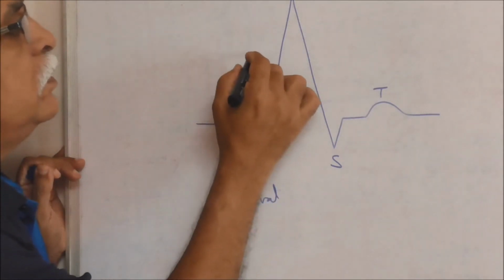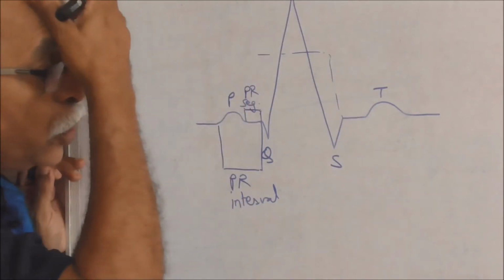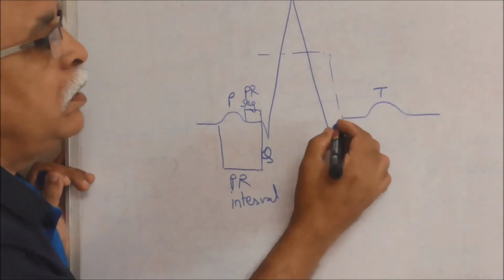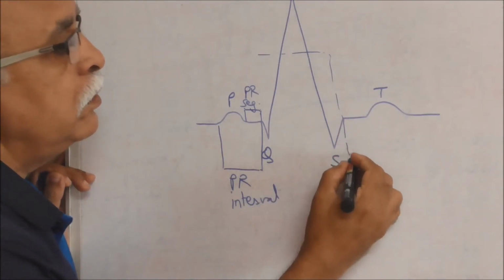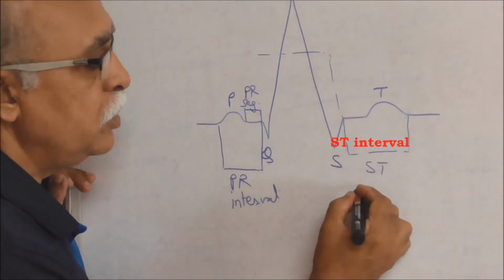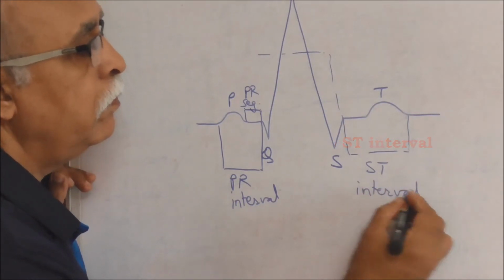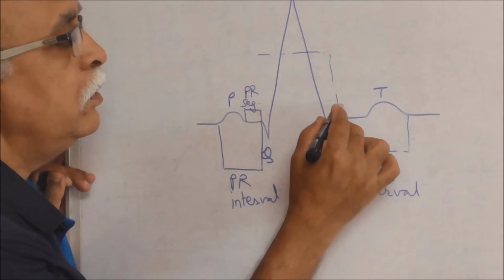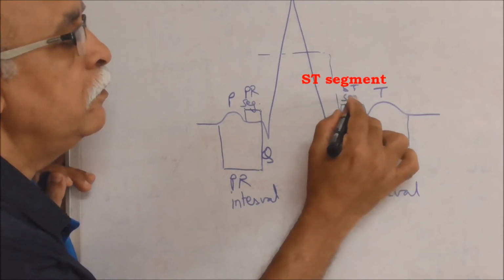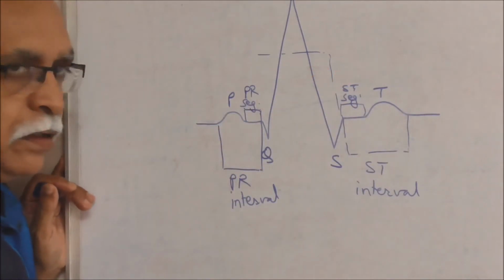From this to this, the whole thing is the QRS complex. Now from here till here is the ST interval. And from here till here, it is the ST segment. That is a standard electrocardiogram.